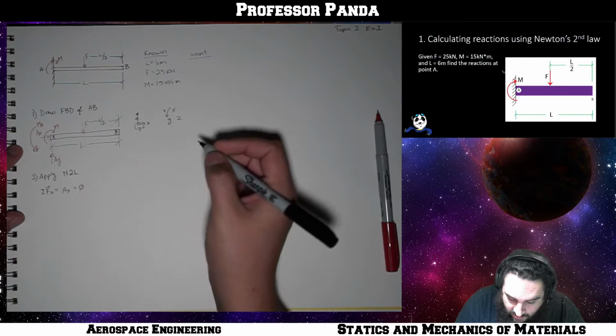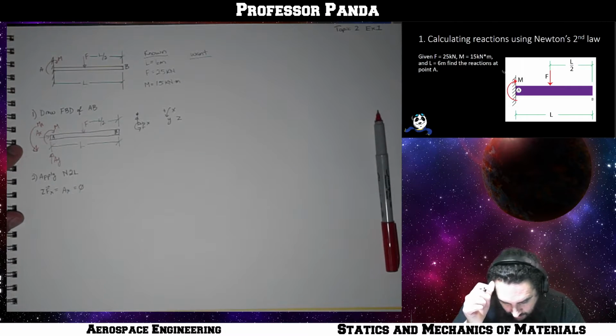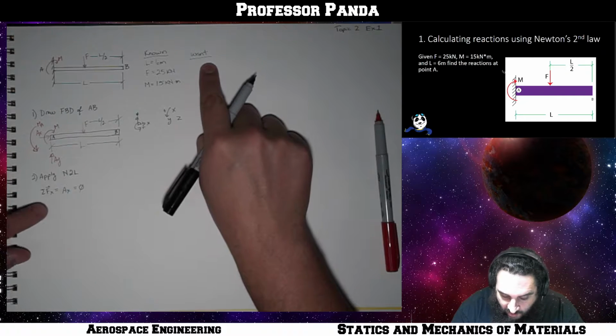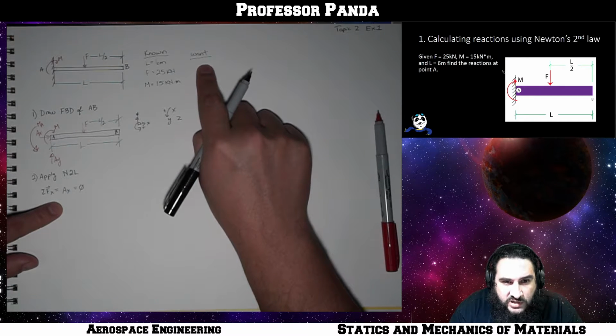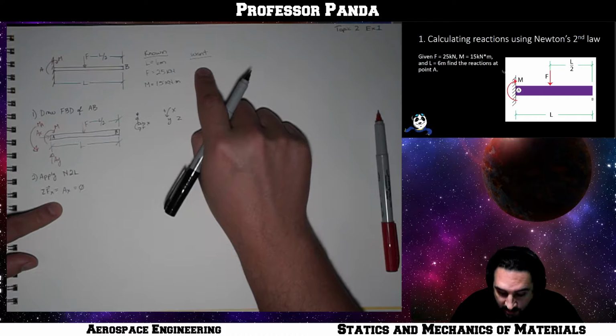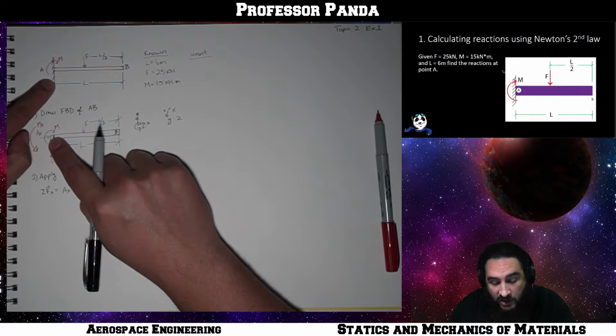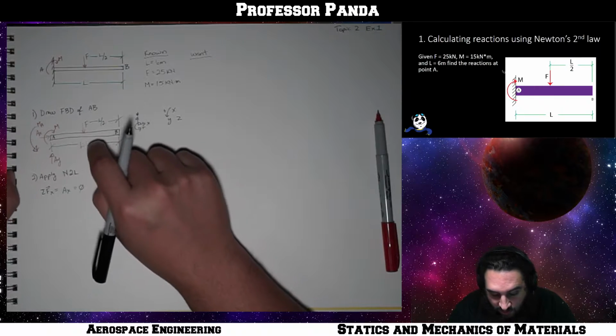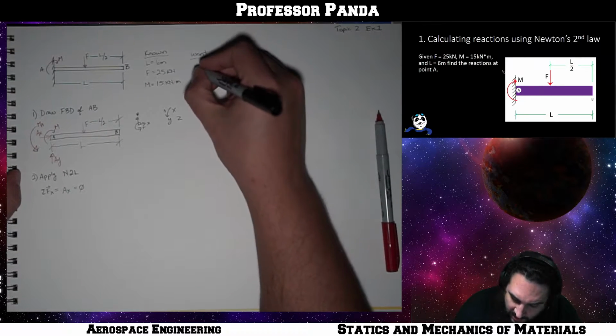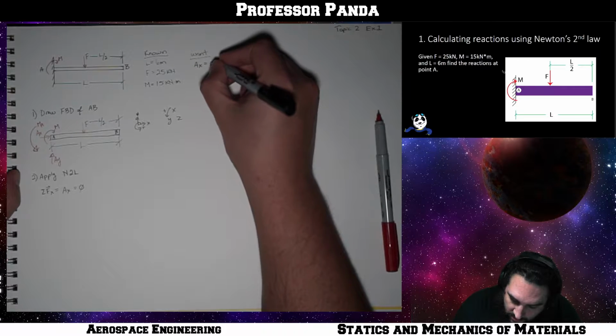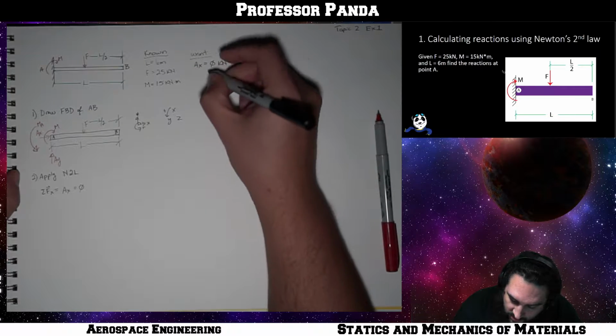equal 0. And now we can go ahead and fill in our want table, because the problem statement wanted the reactions at point A. AX was a result of me removing the wall. So the wall is reacting to the forces on the beam, and so AX is going to equal 0 kilonewtons.